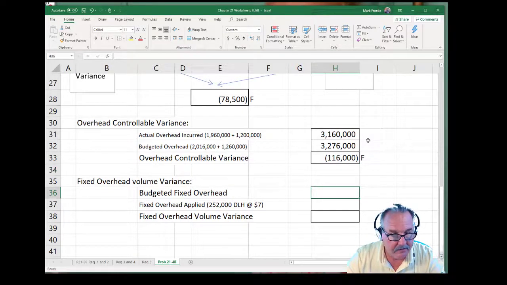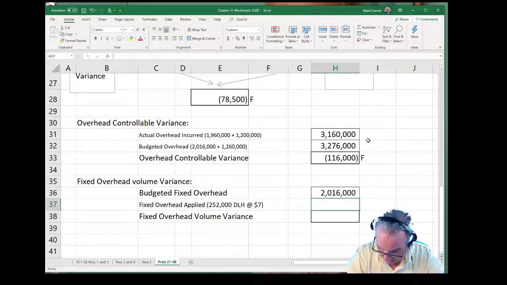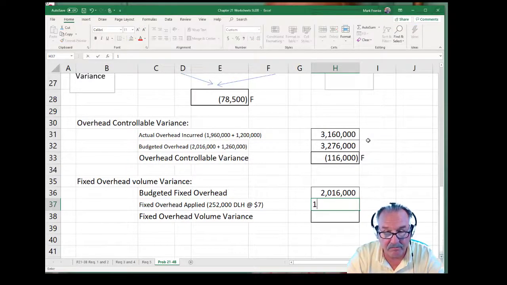And on the fixed, the overhead controllable variance is based really on the variable cost. This is based on the fixed cost. The budgeted fixed overhead was 2016, and the fixed overhead applied was $1,764,000.